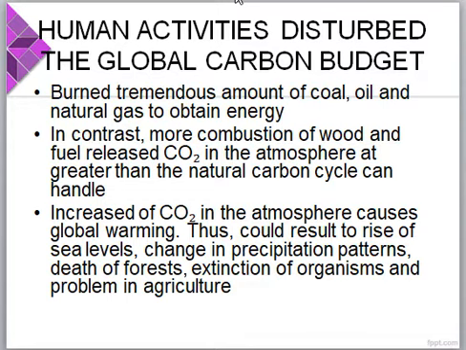Increase of carbon dioxide in the atmosphere causes global warming and thus could result in the rise of sea levels, change in the precipitation patterns, death of the forests, extinction of organisms, and problems in agriculture.